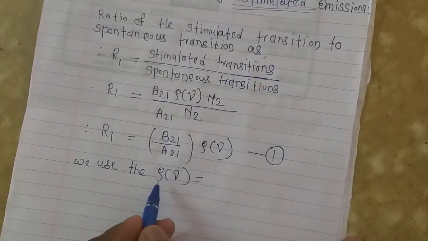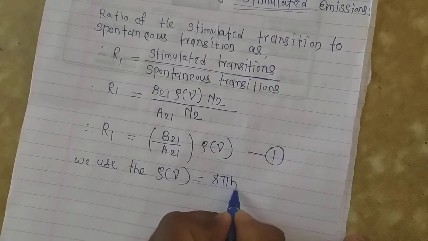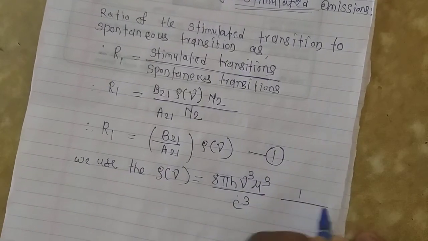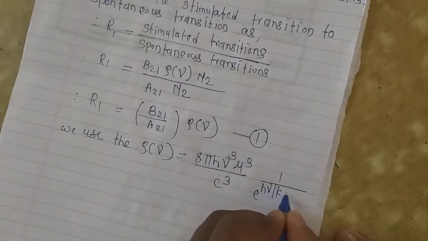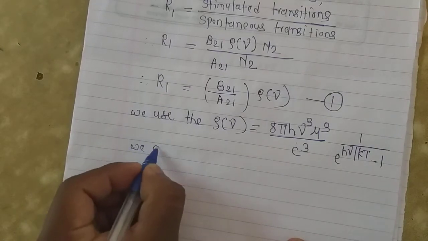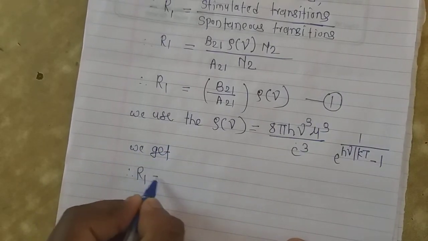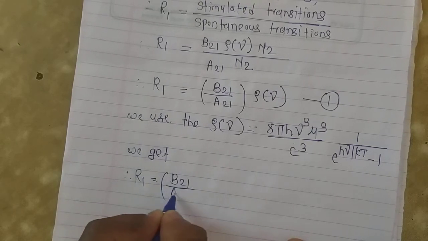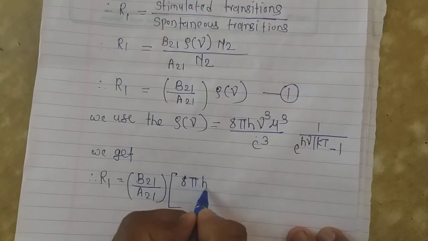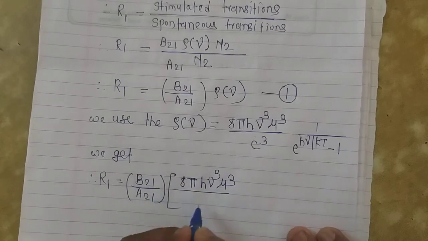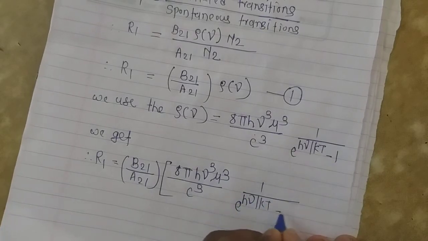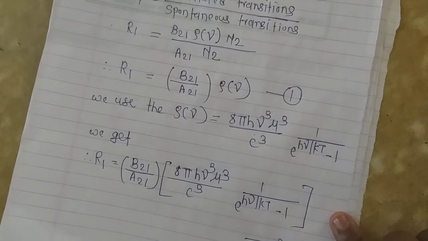We have discussed that rho nu is 8 pi h nu cube into mu cube divided by c cube, 1 divided by e raised to h nu divided by kT minus 1. Equation 1 becomes, therefore R1 is equal to B21 divided by A21, into 8 pi h nu cube into mu cube divided by c cube, 1 divided by e raised to h nu divided by kT minus 1. This is equation number 2.